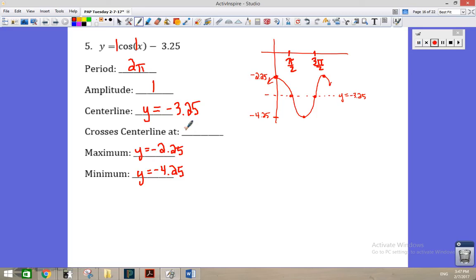So this graph intersects the center line at x is equal to pi over 2 and any coterminal angle to pi over 2. It intersects this center line at 3 pi over 2 and any coterminal angle to 3 pi over 2. There's my complete answer for number 5.